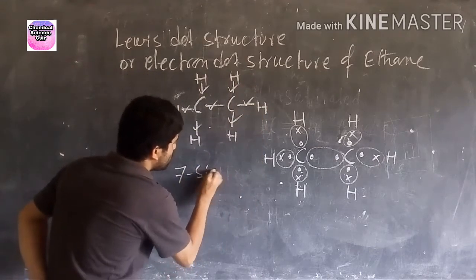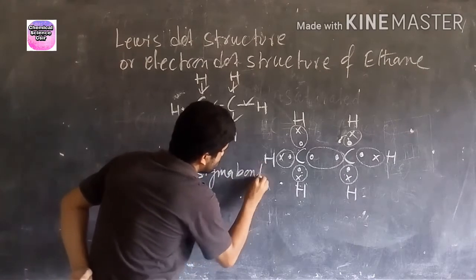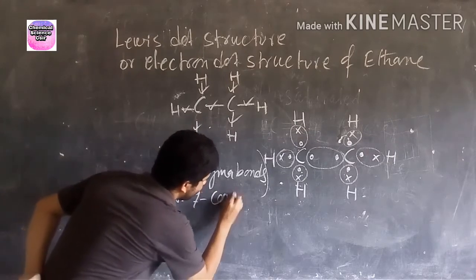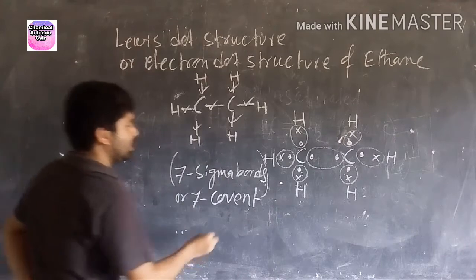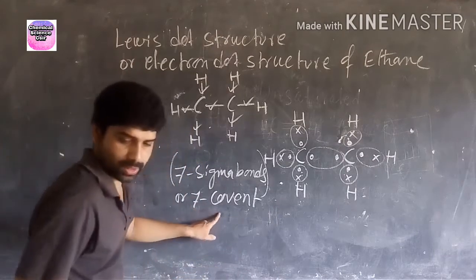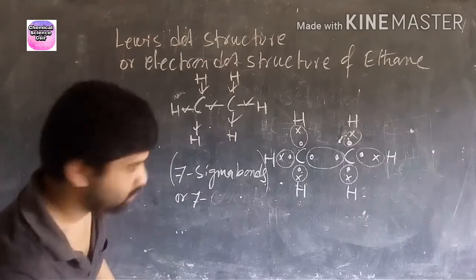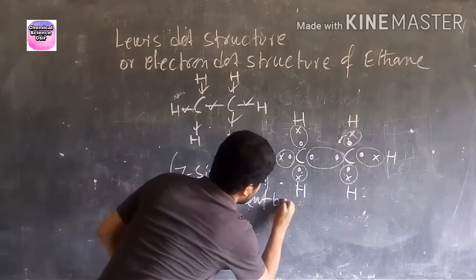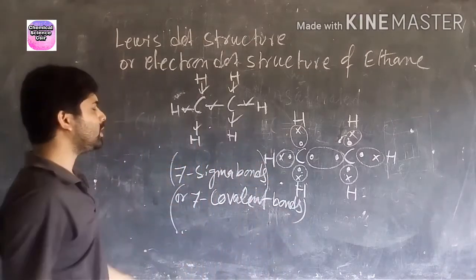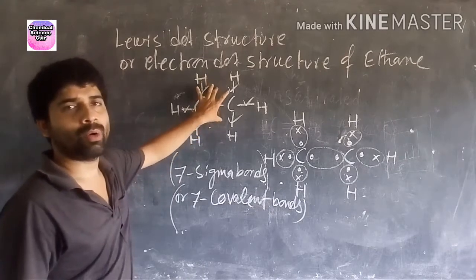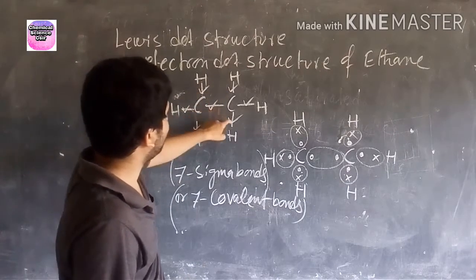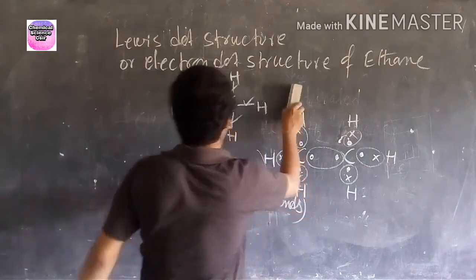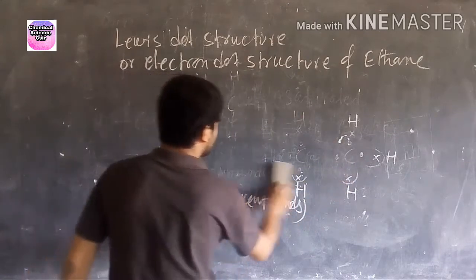So 7 sigma bonds, or 7 covalent bonds. So this is ethane, a saturated hydrocarbon.